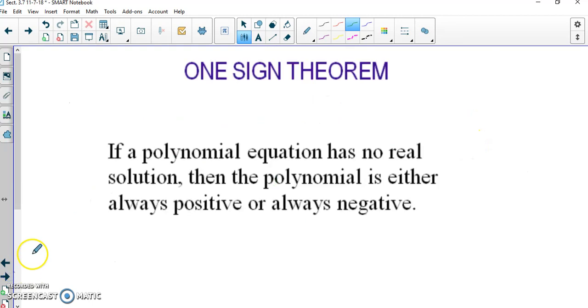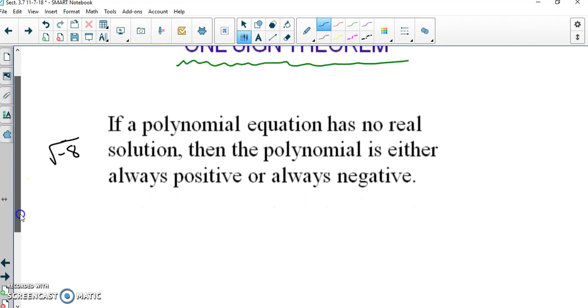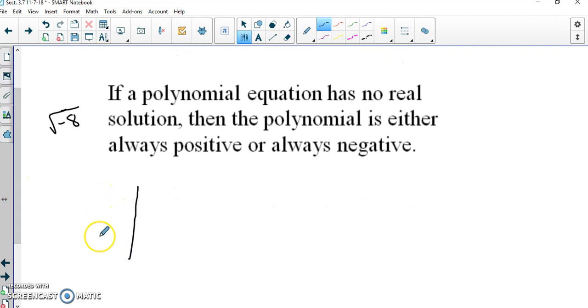Now that basically leads us to this theorem. It's called the one-sign theorem. Basically, if a polynomial equation has no real solution, which means you have a complex value like square root of -8 or square root of -4, then the polynomial is either always positive or always negative.